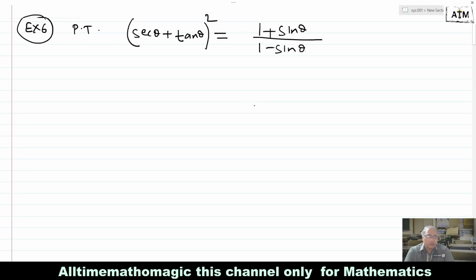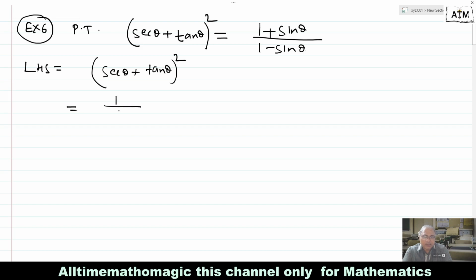Next question. Prove that (sec theta plus tan theta) whole square equals 1 plus sin theta upon 1 minus sin theta. Taking LHS, (sec theta plus tan theta) whole square.